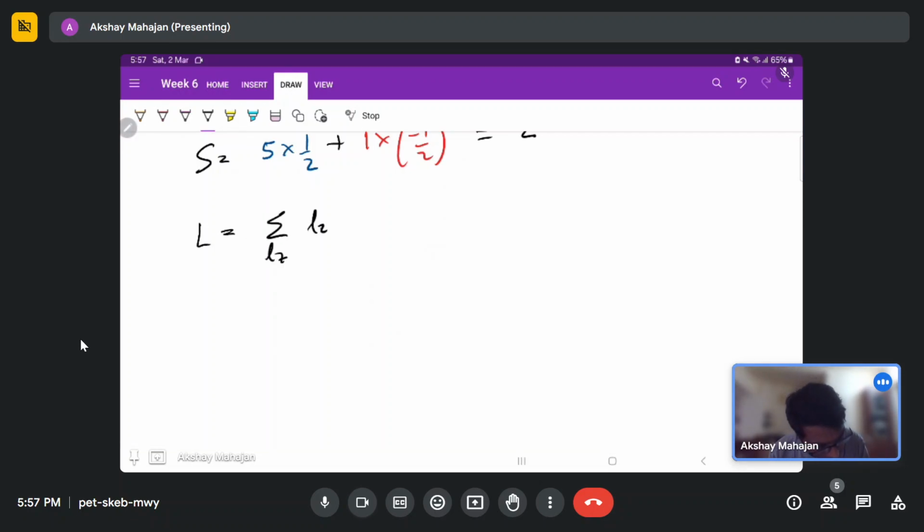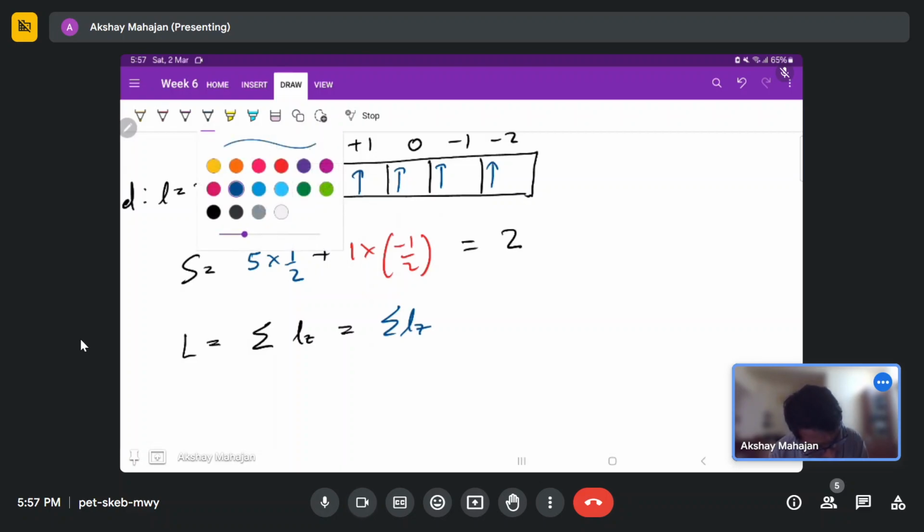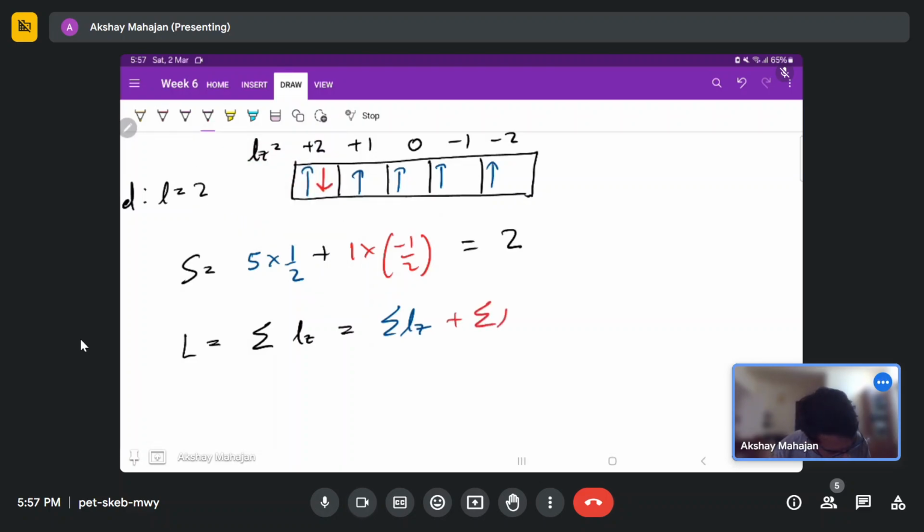And then there will be the summation of Lz, which will have two contributions, the summation of Lz from spin up and from spin down. Spin up will give you 0 because this is complete, the parallel spins have filled all the possible states, and for spin down we have just one electron, which gives you plus 2.